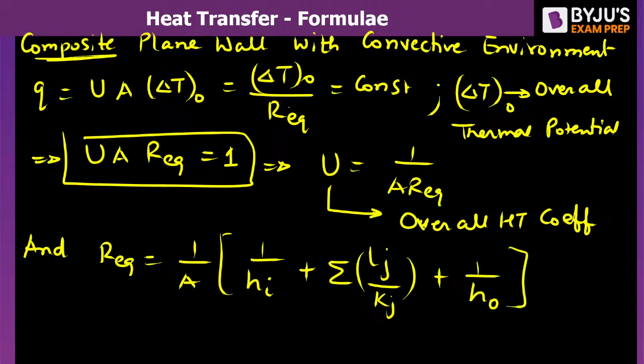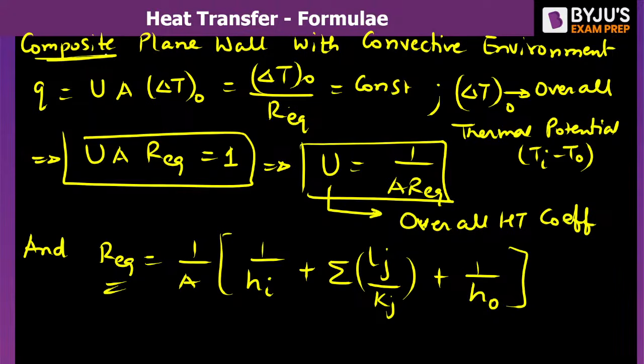This is how we can write. Delta T overall is the overall thermal potential, that is Ti minus T naught. So this is R equivalent, and we can find out U from here. That is for composite plane wall with convective environment.